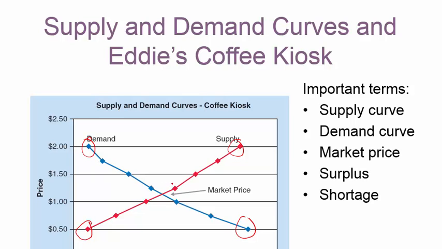And so the market equilibrium is right here, where the amount that someone is willing to purchase at a given price meets what individuals are willing to sell at a given price. And we call that our market price. That's going to be our market price. And presumably, at that point of intersection, there should be no items left for anybody to purchase, and no one is willing to supply any more at that point in time.